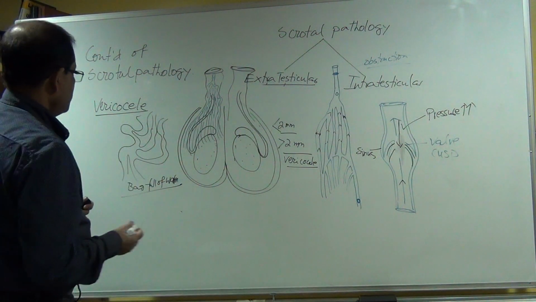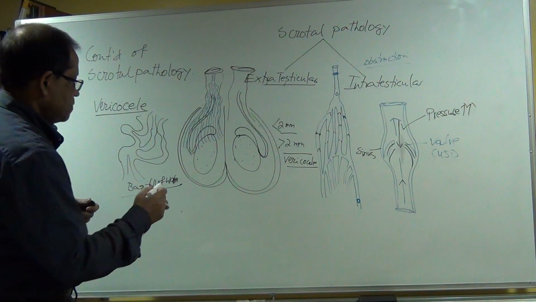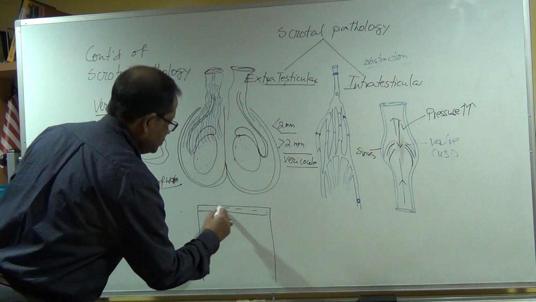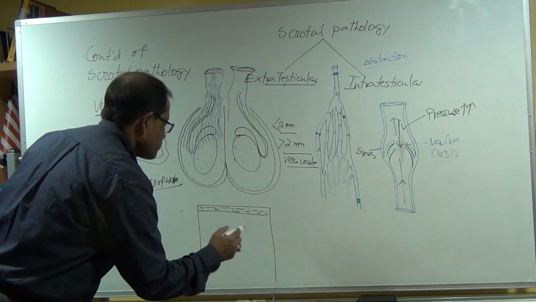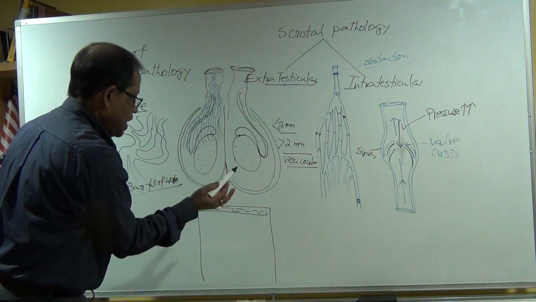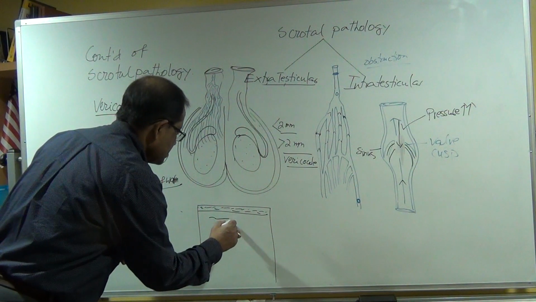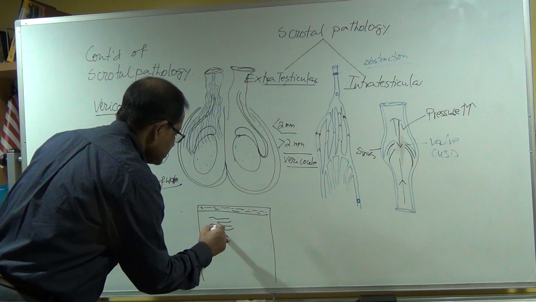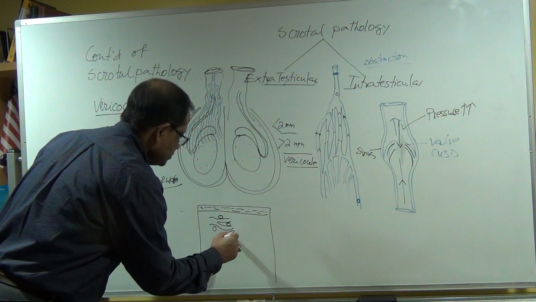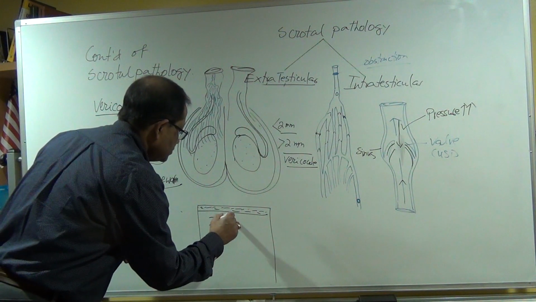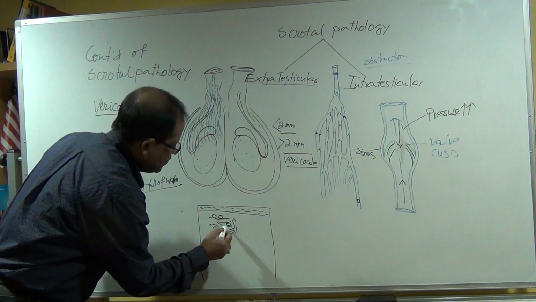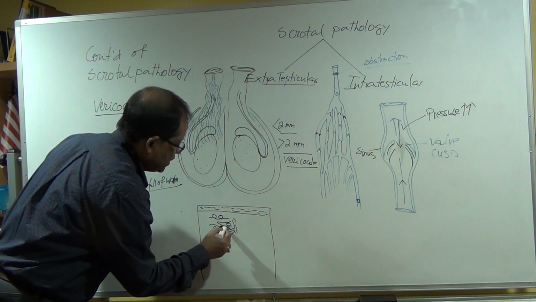Okay, so if this is your image, then in transverse view, when you go above the upper pole, you will see this type of area, where some areas are anechoic.